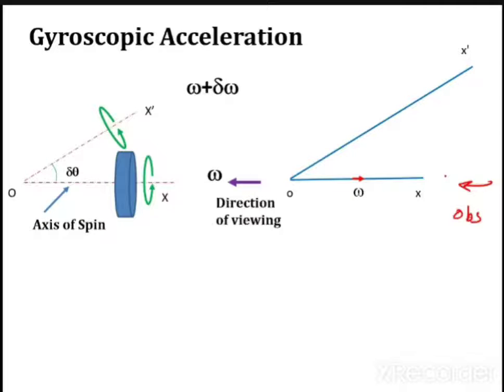Next, let us say that again the arrow will be towards OX dash, because the arrow will not change. The observer position will change. For example, if this was the observer position, let us say now the observer is here. From this position also it is counterclockwise, so the arrow will be towards X dash, that is, towards the observer.